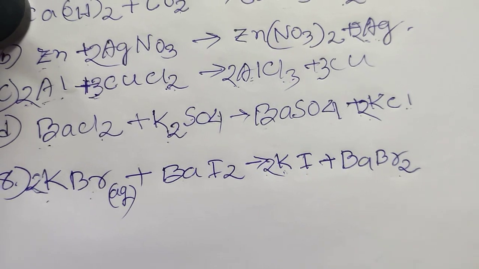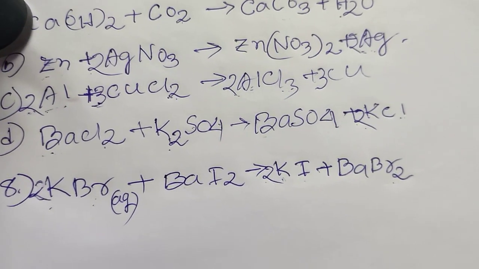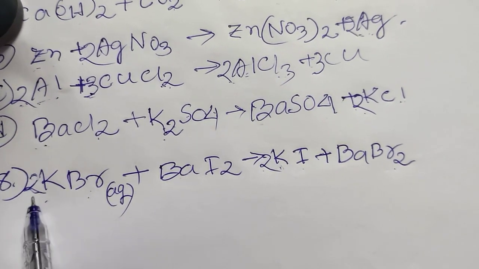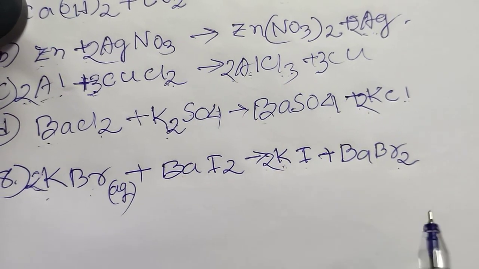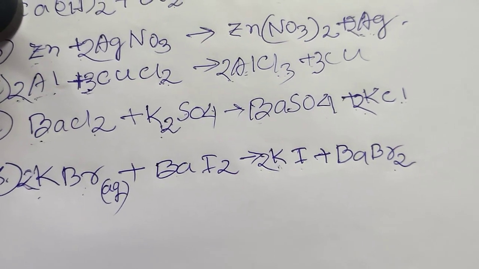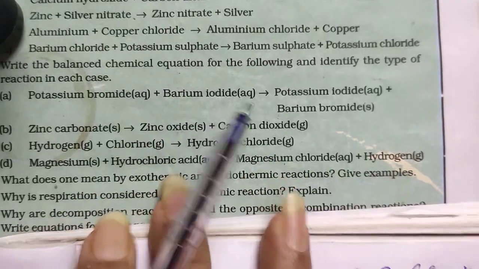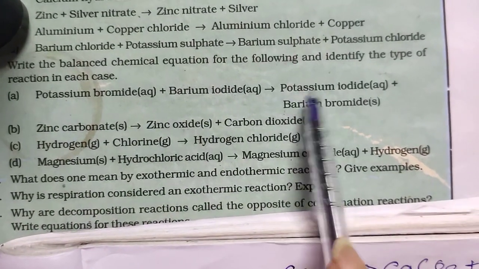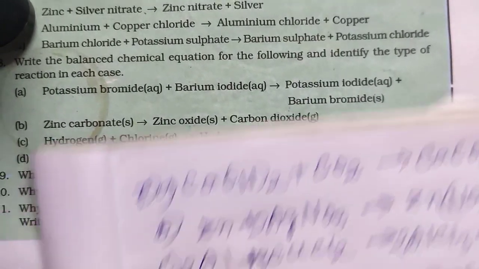Now you are also asked to write the type of chemical reaction. You see, this is a compound and this is also a compound, so this will be a double displacement reaction. So the first reaction, potassium bromide plus barium iodide, which forms potassium iodide and barium bromide, is a double displacement reaction.